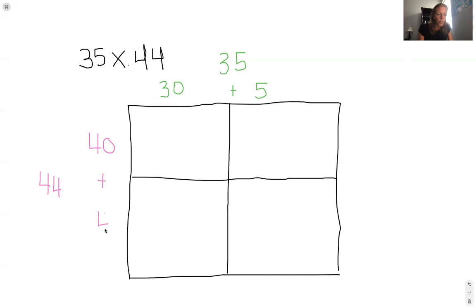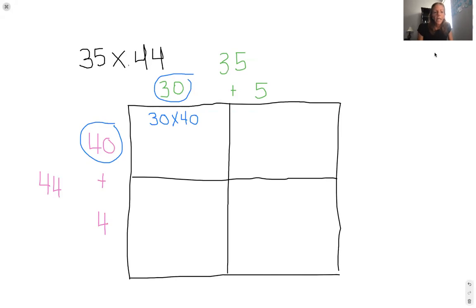All right, in this box, I'm going to be multiplying this number 30 times this number 40. Now those look like really big numbers, but if you know what 3 times 4 is, and you know what 30 times 4 is, then you can figure out what 30 times 40 is.